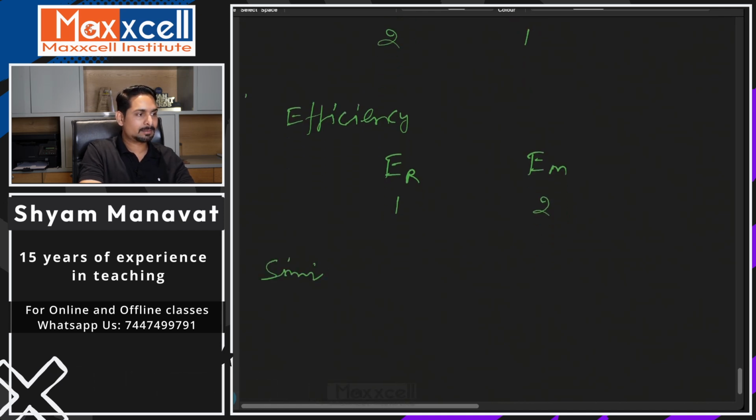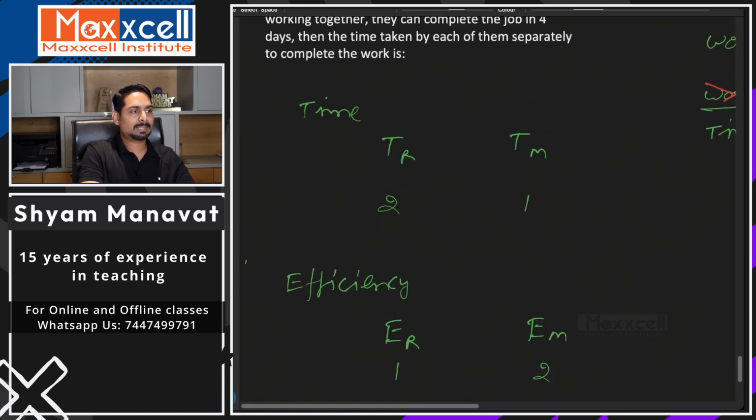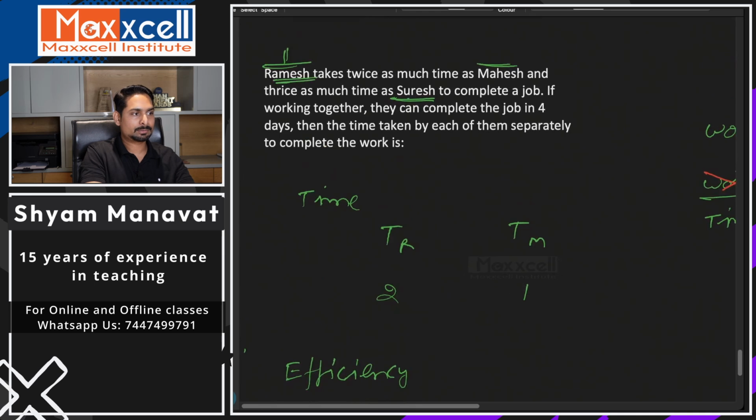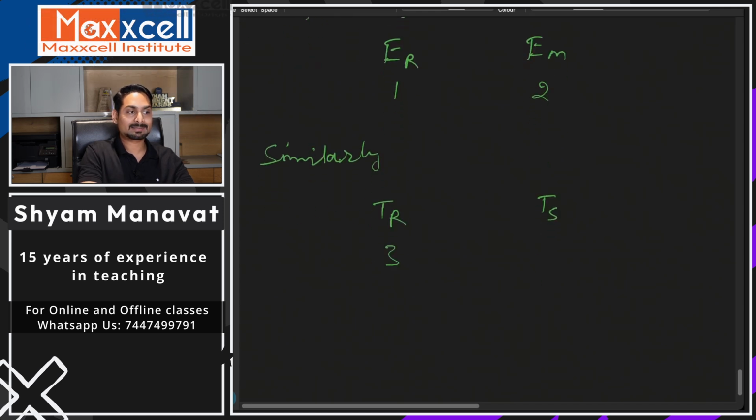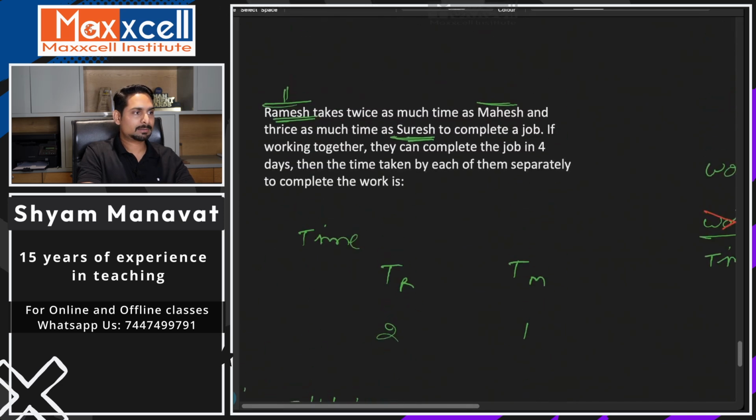Similarly, comparing Ramesh and Suresh, the question said the time taken by Ramesh is thrice the time taken by Suresh. Correct? Yeah, that's what the question said.